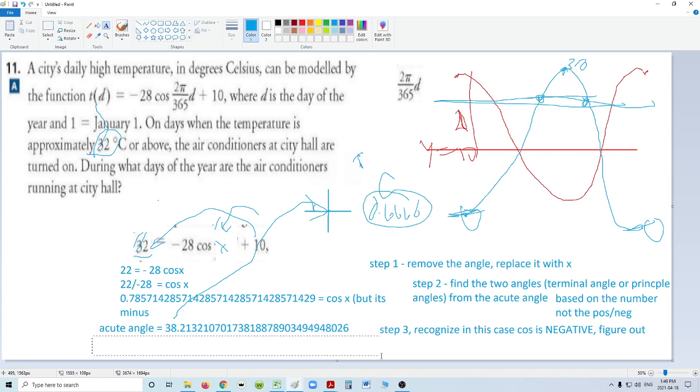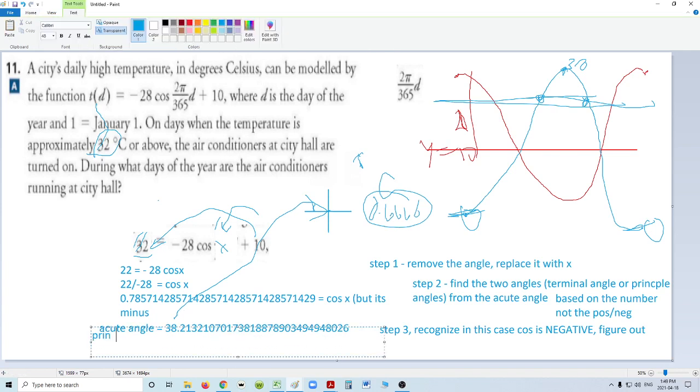So now we're talking about 180 minus that. Principal angle 1 is equal to 180 minus 38.213210. And principal angle 2 is 180 plus that, which is equal to 218.21321.